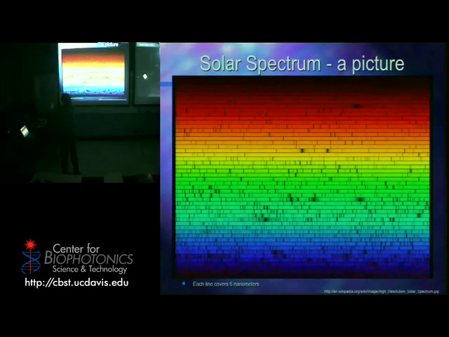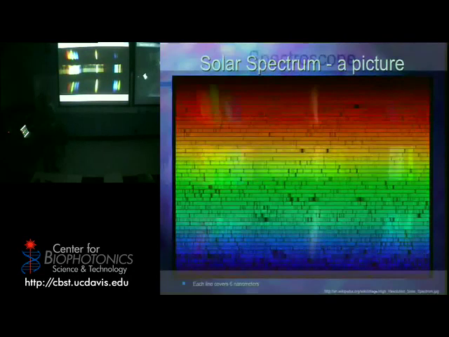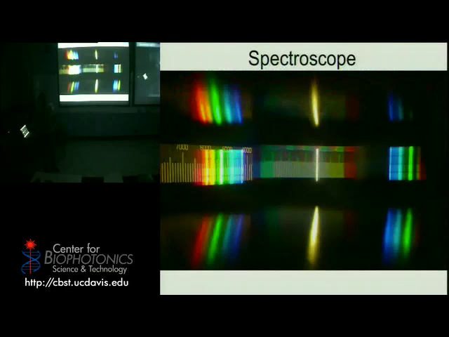By looking at this picture and quantifying where all of these are and their intensity, people could figure out the chemical composition and what energy states the molecules in the sun that are generating this light are in. Very, very precise. This is more like what we saw.